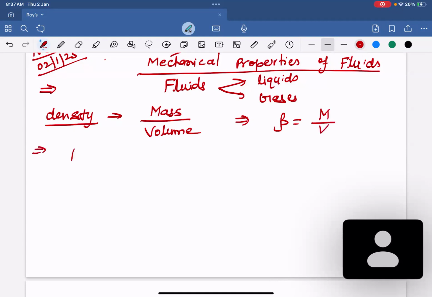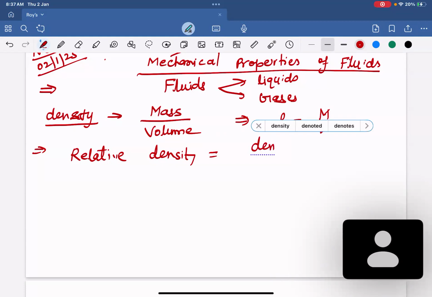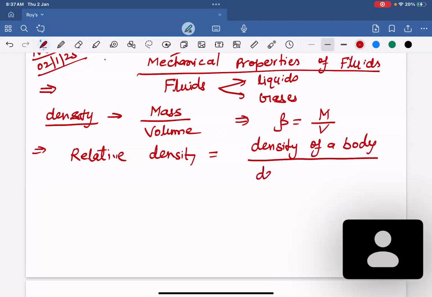If you want to find relative density, then it is basically the density of a body divided by the density of water.